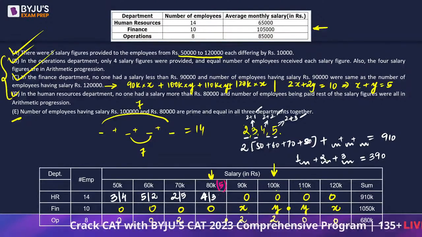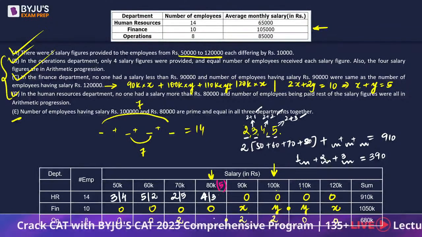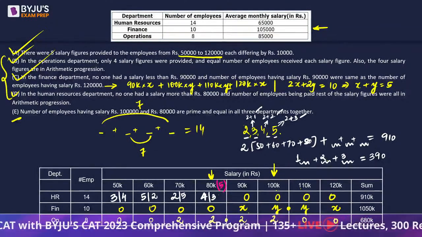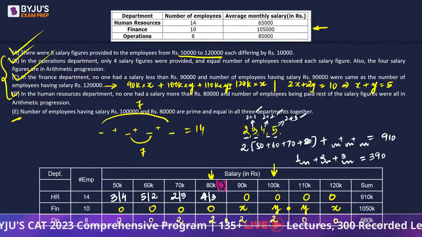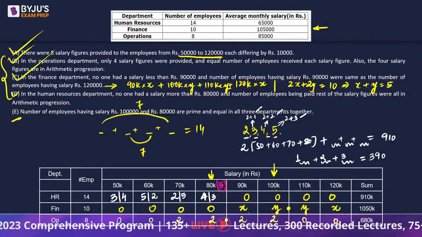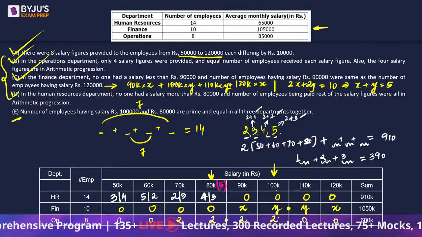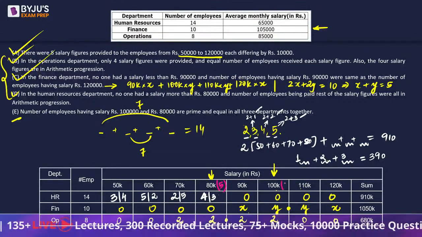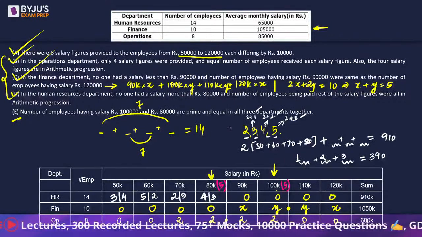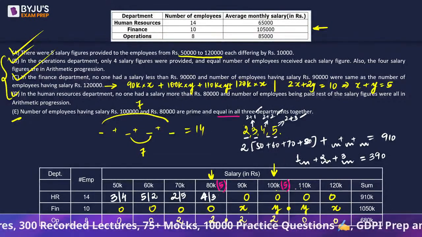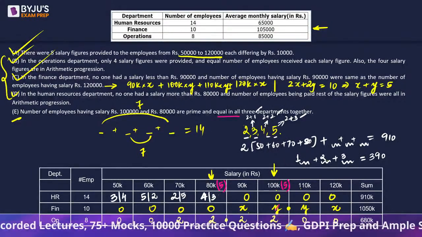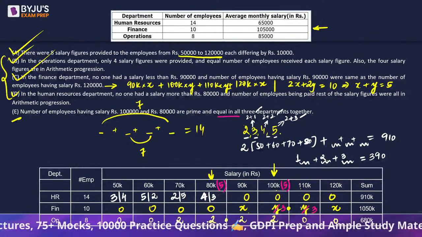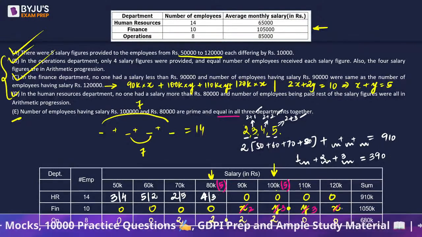So this is prime number, right? And for this 100,000, can we say since this is 5, this should also be 5 because they both are same, right? They are equal in all the three departments together, 5 and 5. So that gives us y as 3 and x is going to be 2.